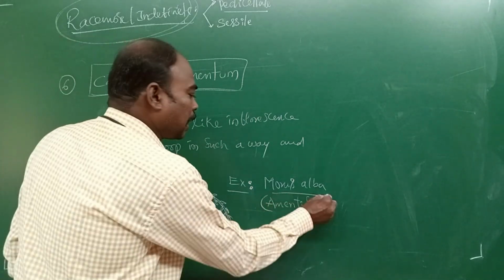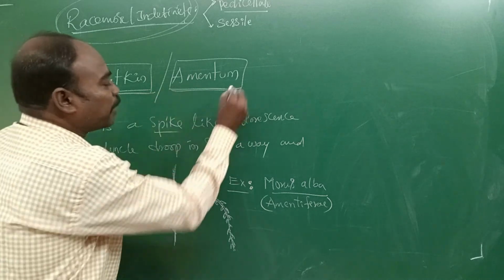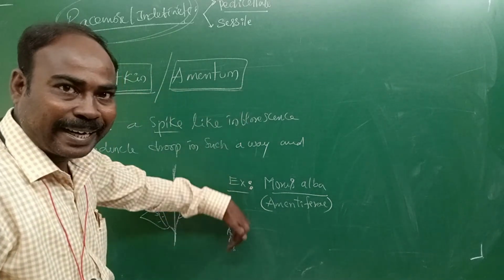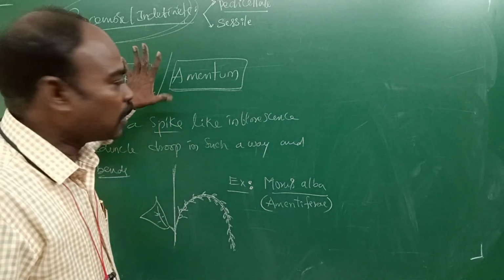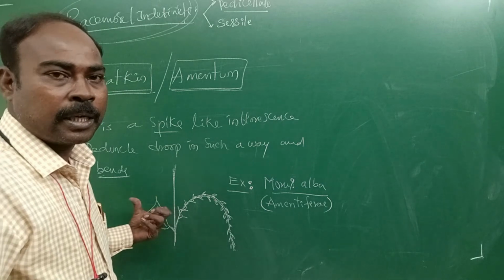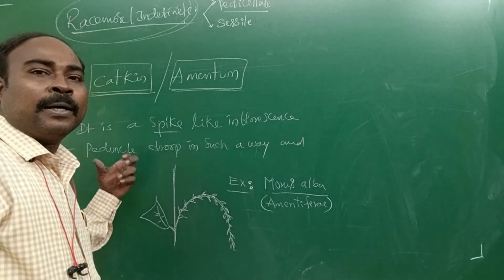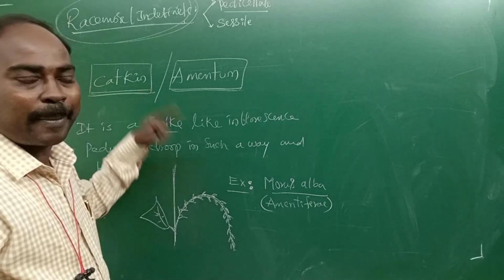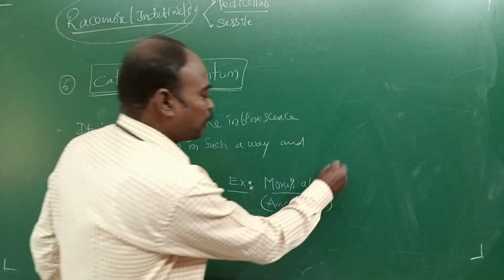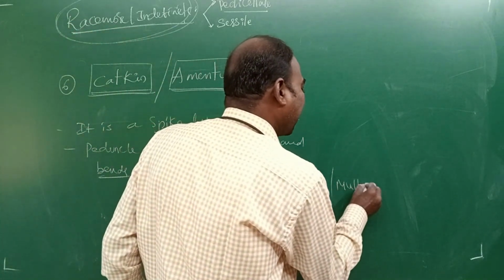So the example is Morus alba, catkin or amentum. It is a drooped or bended spike-like inflorescence. This is one of the exceptional cases. Amentiferae members exhibit a drooped spike inflorescence called amentum or catkin. Okay, mulberry. Morus alba means mulberry.